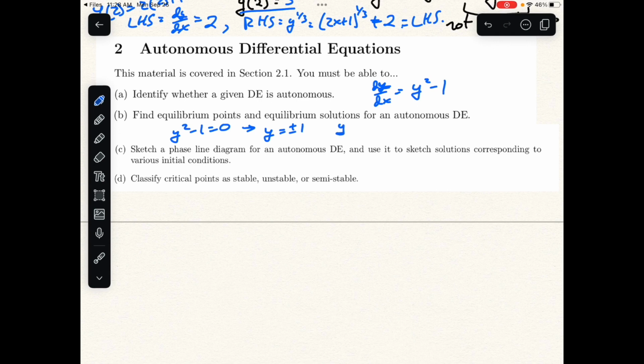Your equilibrium solutions would be the constant functions y of x equals 1 and y of x equals negative 1. Note the distinction between y equals 1 as a critical point, which is just a y value, whereas y of x equals 1 is a constant function. It's the function such that if you plug in any x value, it spits out a y value of 1.